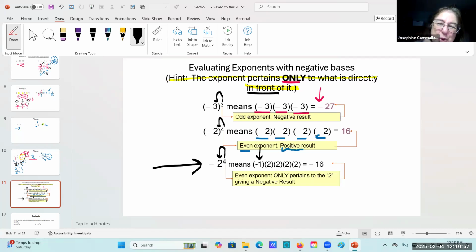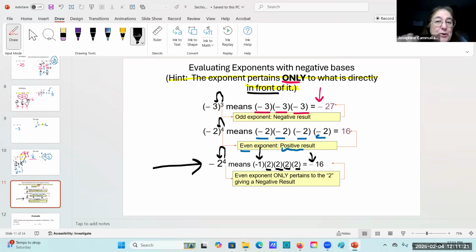Just the 2, which means I have 4 2's and 1 -1. So my answer is a negative 16. One has parentheses, one does not.